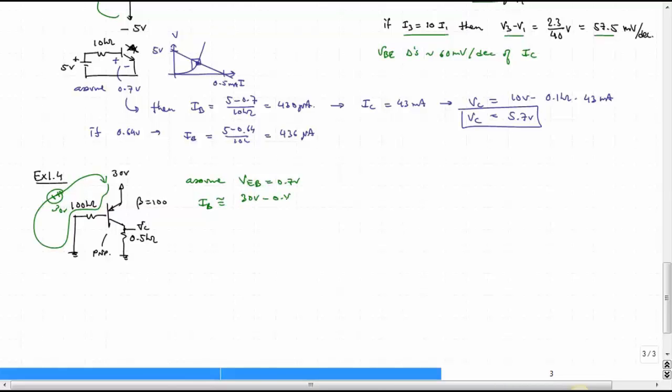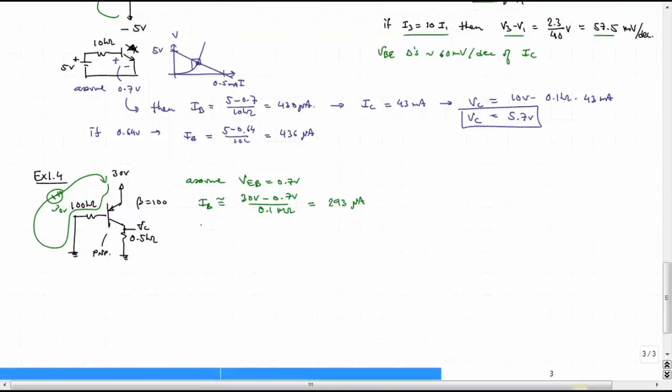and so immediately we can write the base current is going to be approximately 30 volts minus 0.7 volts over 0.1 megaohms, and so that's going to be 29.3, or 293 microamps.